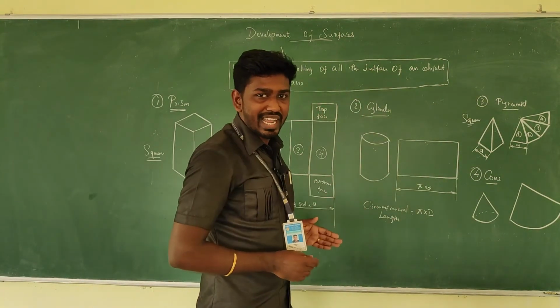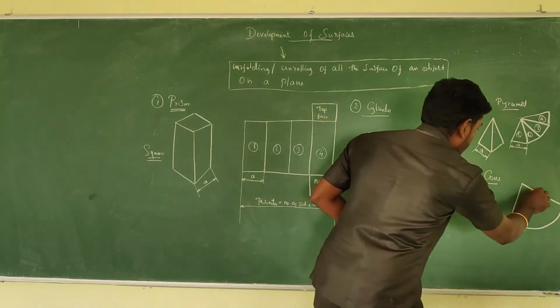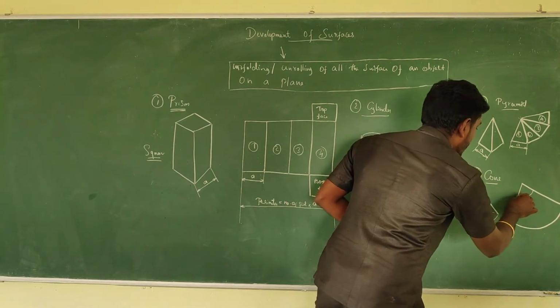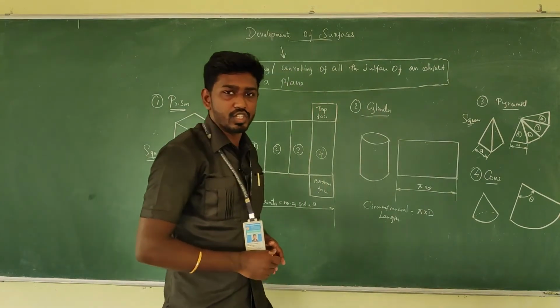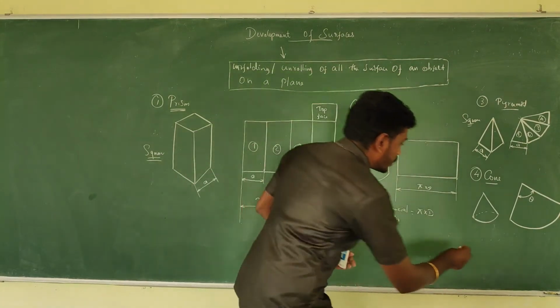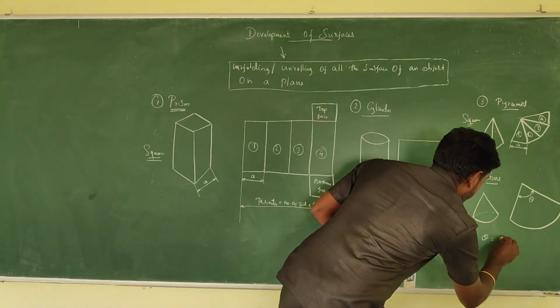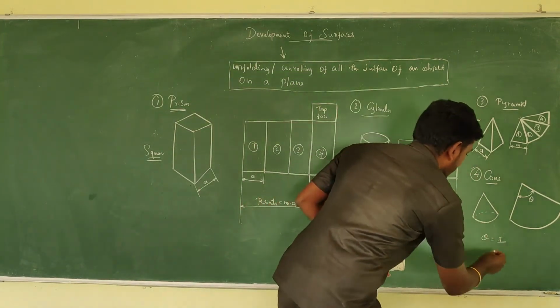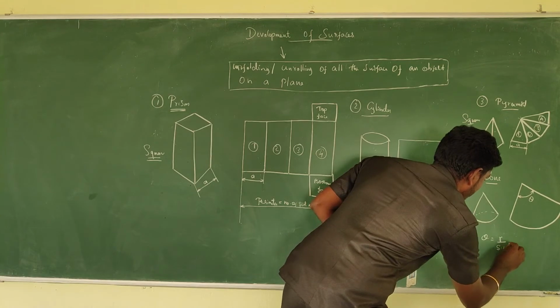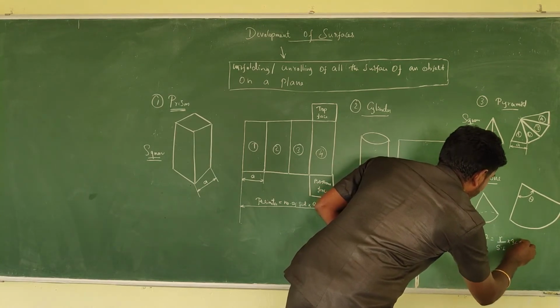And when you're forming the triangular face here, it forms the angle theta. This theta can be calculated by the radius of the base divided by slant length into 360 degrees.